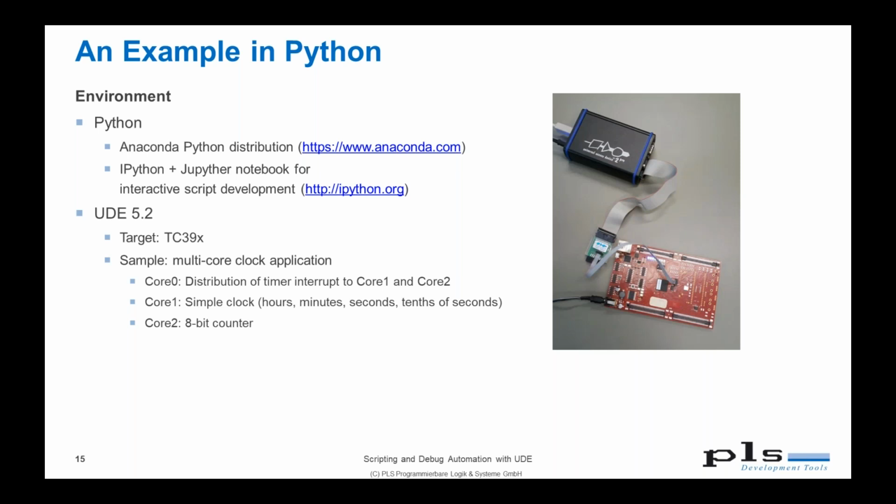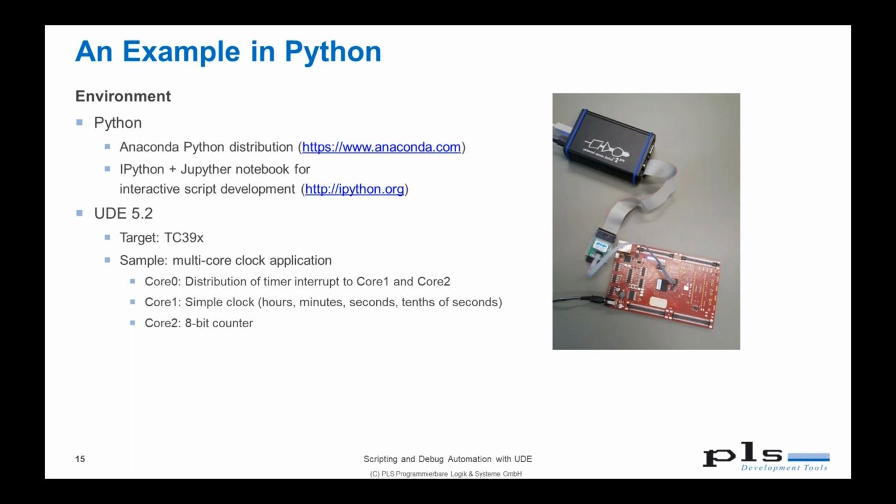On the AURIX target is a TC39, and the sample that should be tested is a simple clock distributed over 3 of the 6 cores of the TC39.